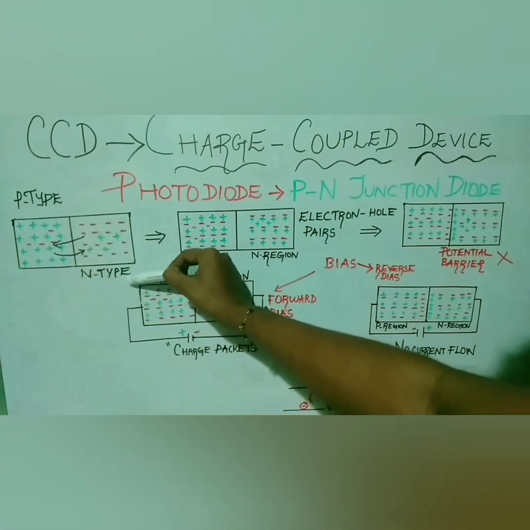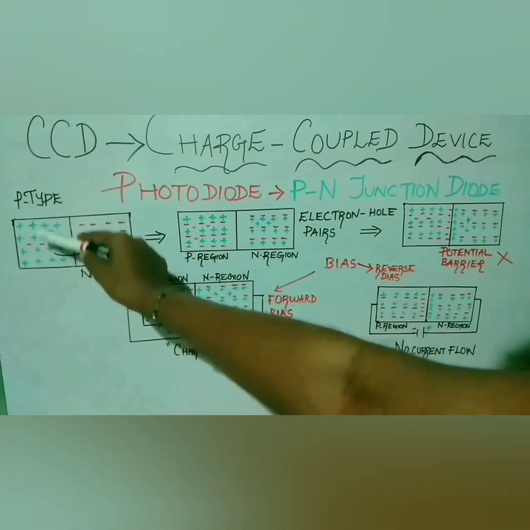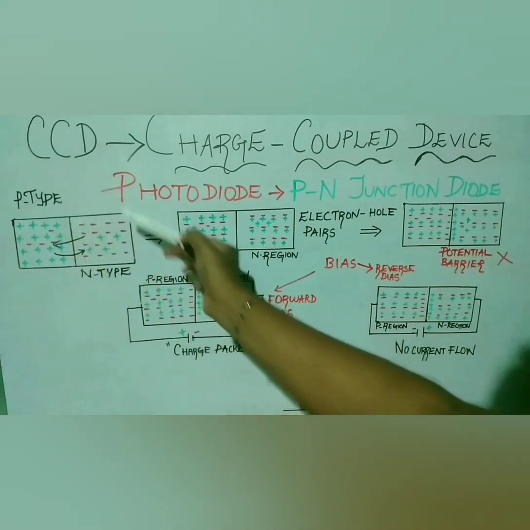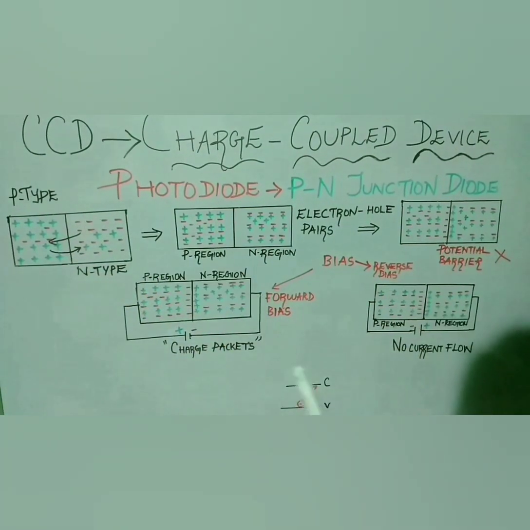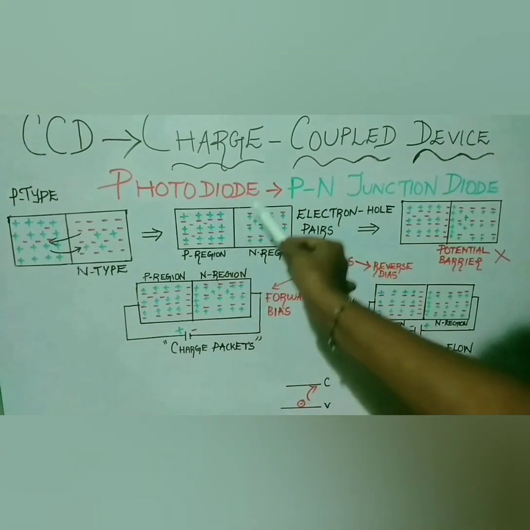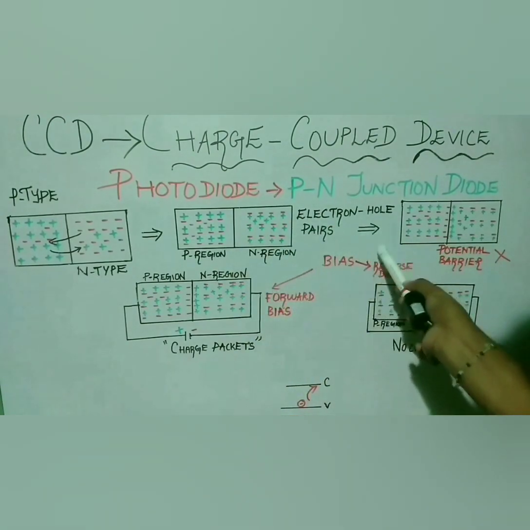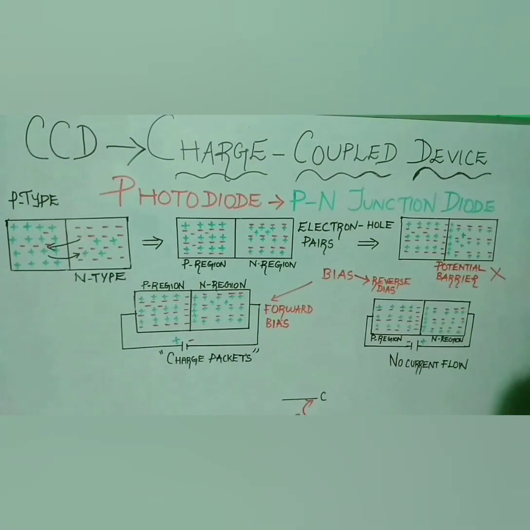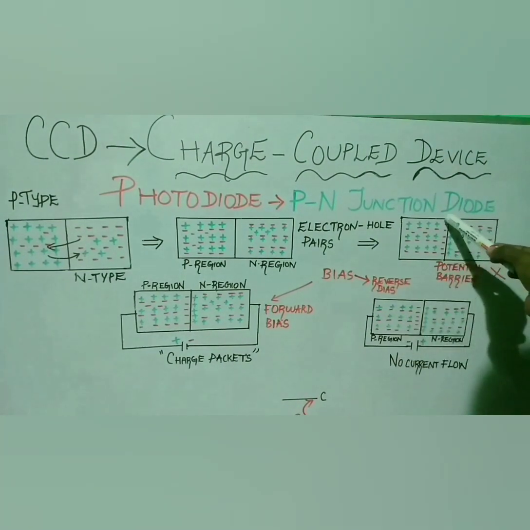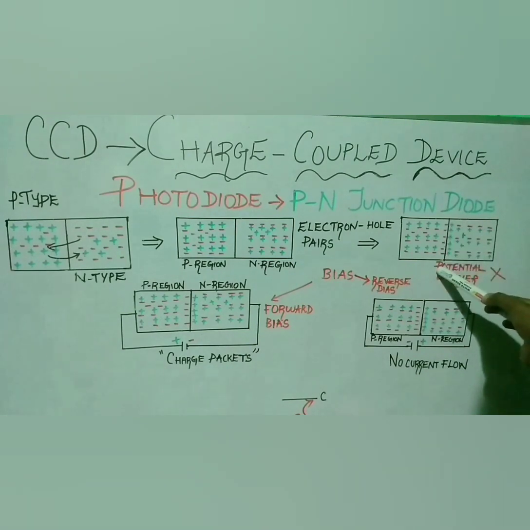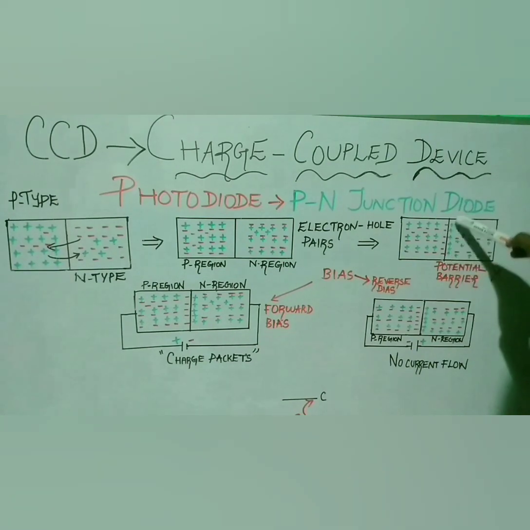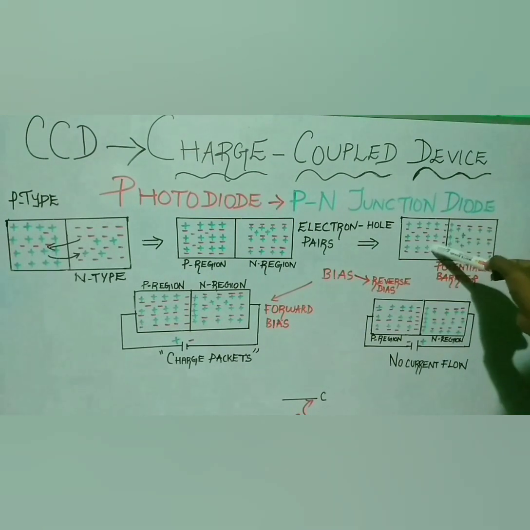Electrons in the n region diffuse to the p region, and holes in the p region diffuse to the n region. That leads to the formation of electron-hole pairs, and this process is known as electron-hole recombination. After a short interval of time, that is at equilibrium, negative charges are concentrated on the p region close to the junction, and positive charges are concentrated on the n region close to the junction.